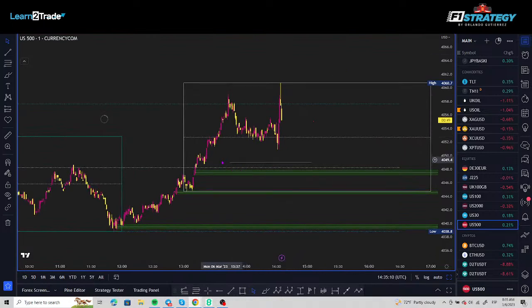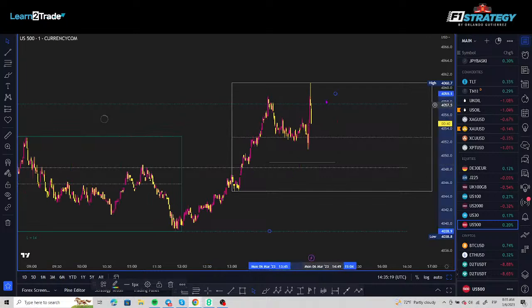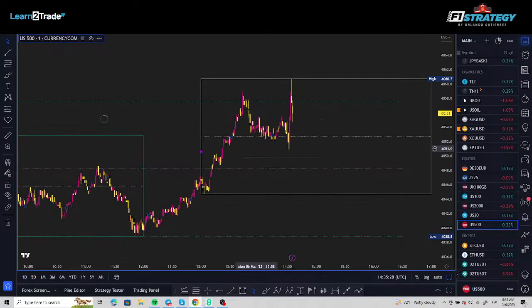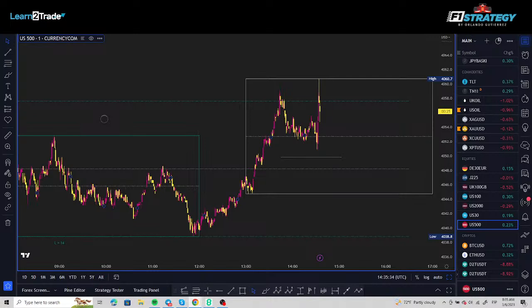If I get filled on the S&P 500 order, I'm most definitely going to delete the order on the Dow in the toolbox. So, placing S&P 500s.